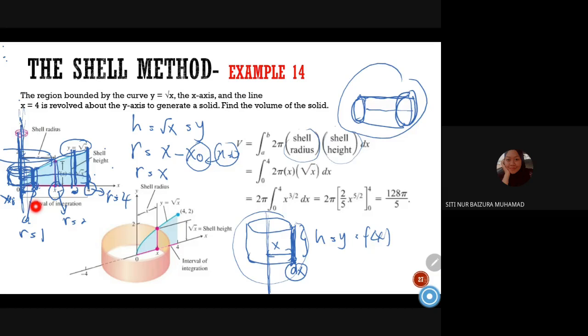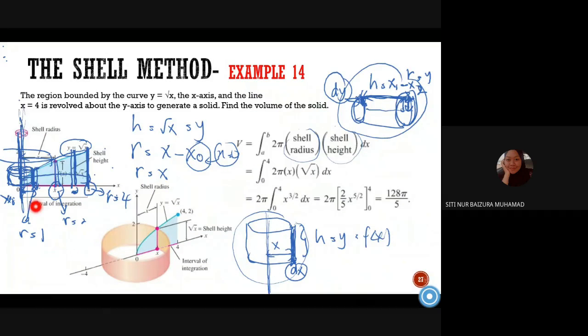Radius kita adalah y and h kita adalah x1 minus x2, sebab dia horizontal and thickness dia sekarang ni is respect to dy. Later kita akan ada one example yang kita ada horizontal punya cylinder.